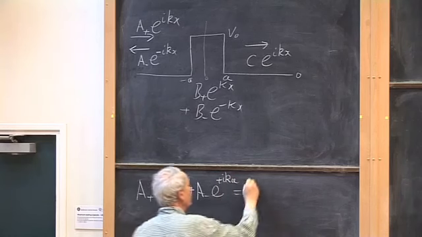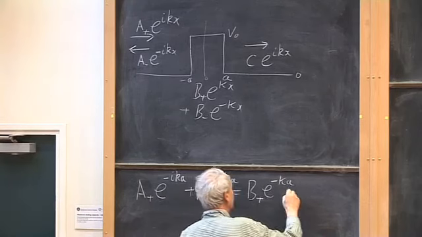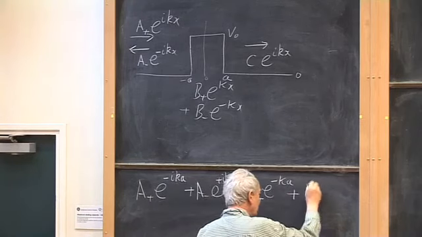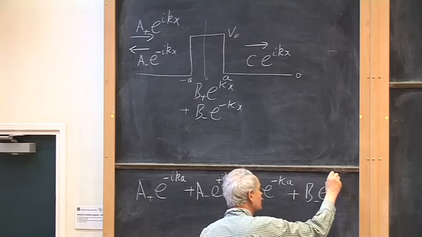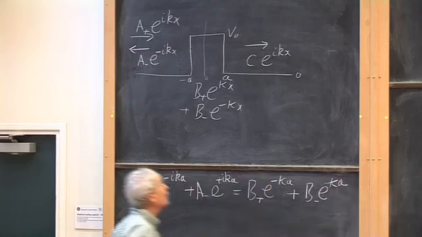And that had better equal b plus e to the minus ka, plus b minus e to the minus, no, that one's got plus ka, right? Many double negatives here, unfortunately.